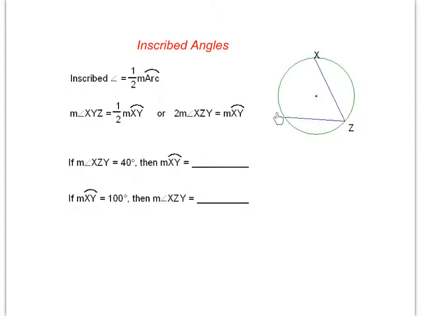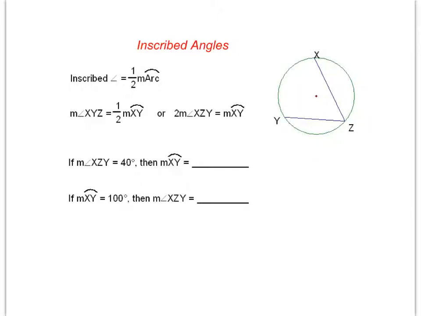An inscribed angle is an angle whose vertex is on the edge of the circle and it passes through the circle. So, angle XZY is an inscribed angle. The measure of the angle is always half of the measure of the arc.